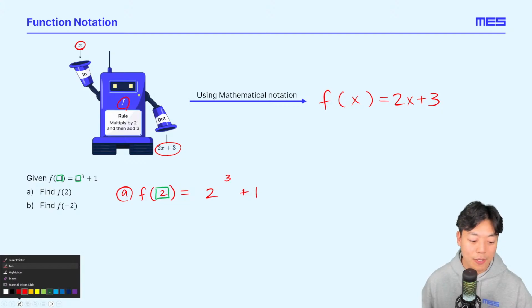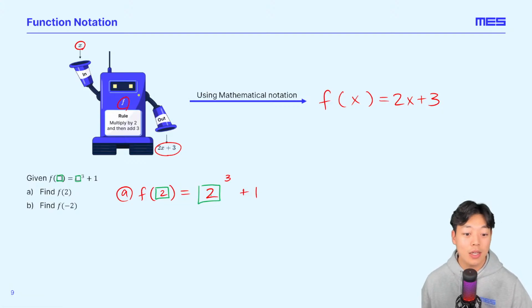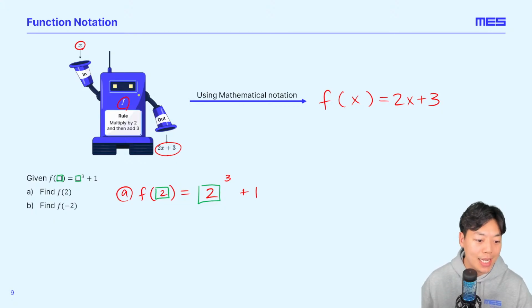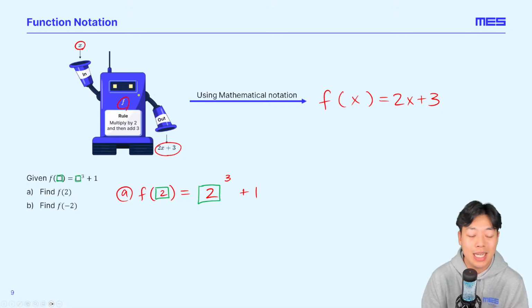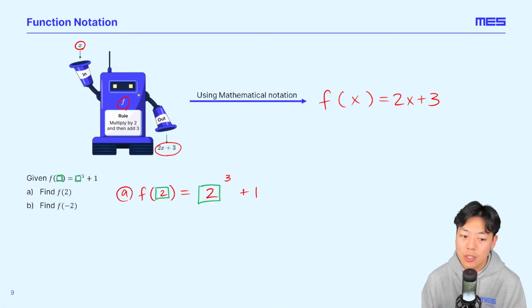So keep in mind here, with the green boxes, all we did was substitute whatever we wanted to plug in, 2, into that box. So now 2 cubed means 2 times 2 times 2. Cubed means multiply whatever's in that box times itself 3 times. So it's not 2 times 3. It's 2 times itself 3 times. That gives us an 8 plus 1 is equal to 9.